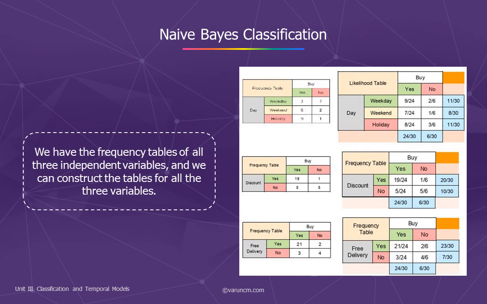Like what we have seen for the frequency table for day, I have created it for discount as well as for free delivery using the same mechanism, and based on that you are going to classify using the Naïve Bayes classification.